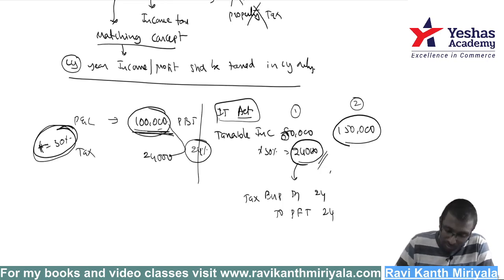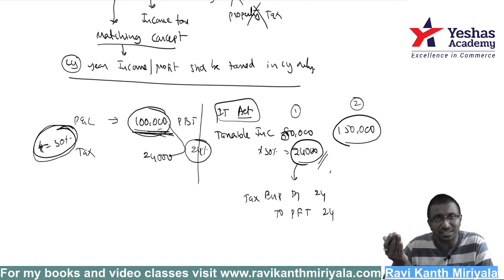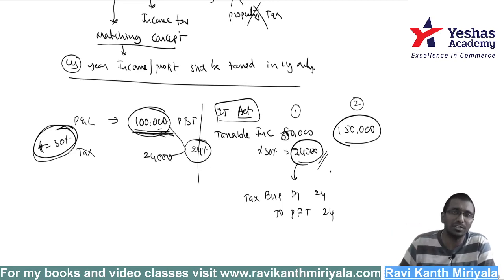That means 20,000 which you are showing in the current year P&L is not getting taxed here. It may be taxed in the next year. Current year income should be taxed in the current year; that is the matching. If it is getting taxed in the next year, then how is it matching? Obviously not matching. You are not following the matching concept.